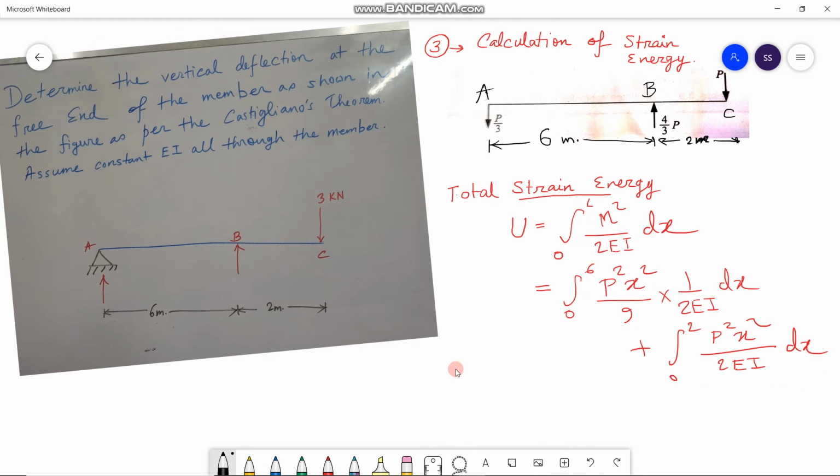Upon further calculation of this integration, we get total strain energy U equals 5.33 by EI P square.